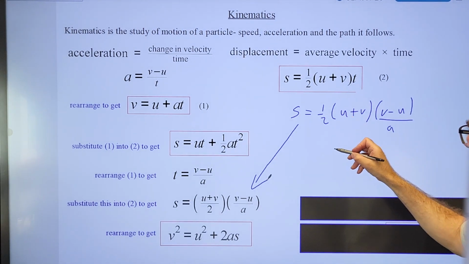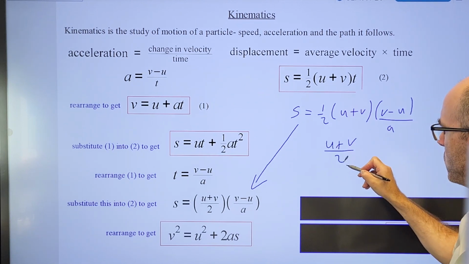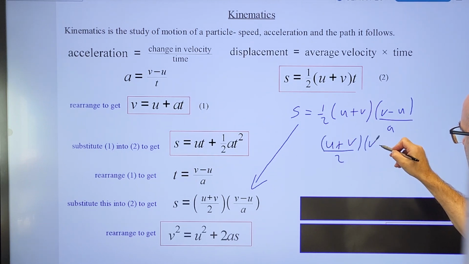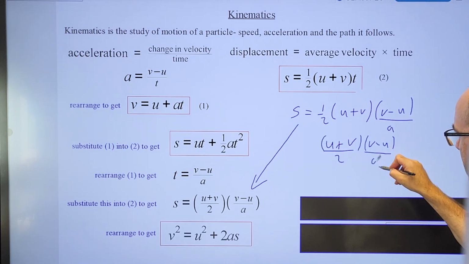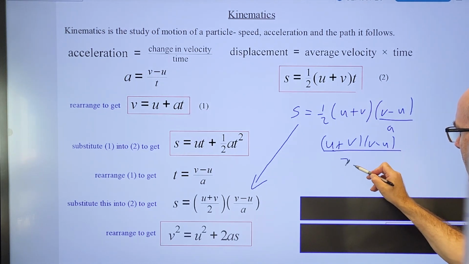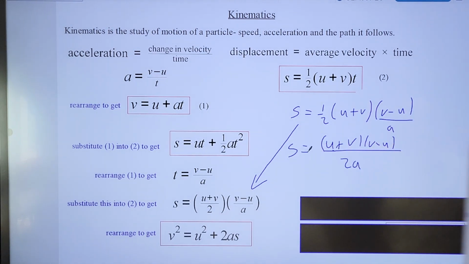You can write the U plus V over 2, the same as that, and then you've got here the V minus U over A. Now when simplifying this, you can put the 2A together like this. So you've got S equals U plus V, times V minus U, over 2A.